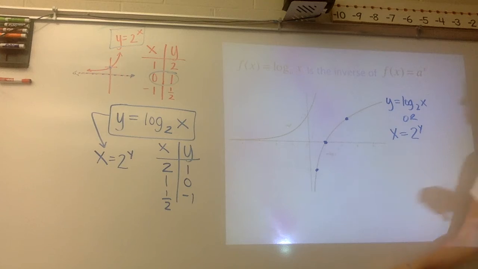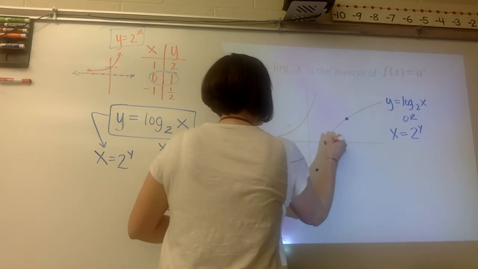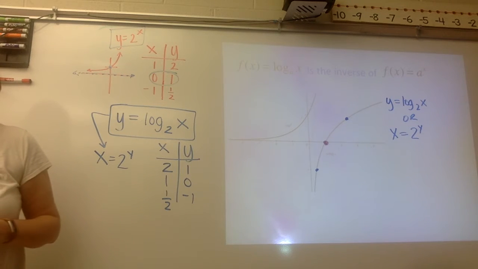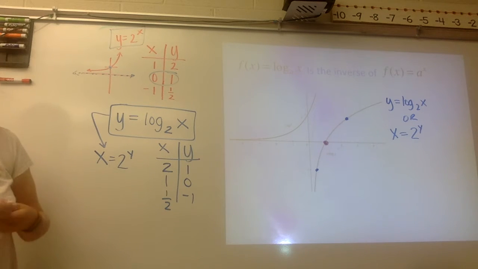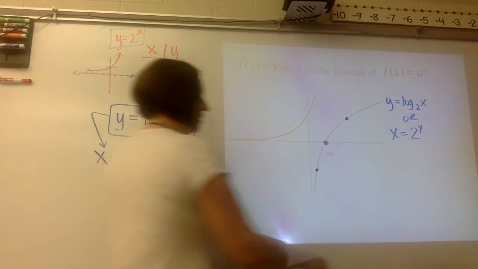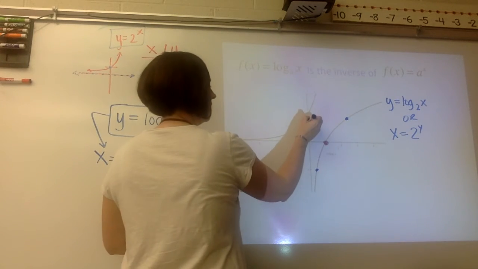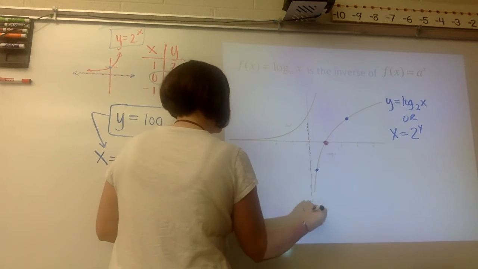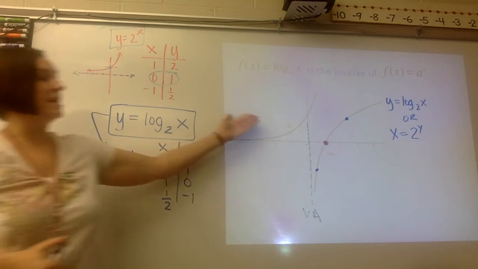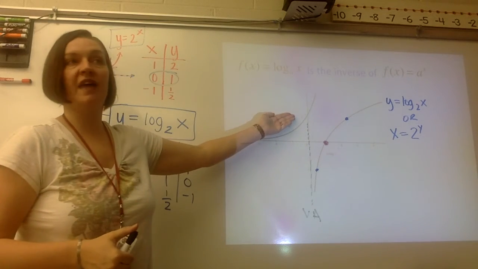One thing that's important to note, this is now my key point right here. Also, I do not have a horizontal asymptote anymore. I now have a vertical asymptote right here. Graphically, it is the inverse. So this is 2 to the x.